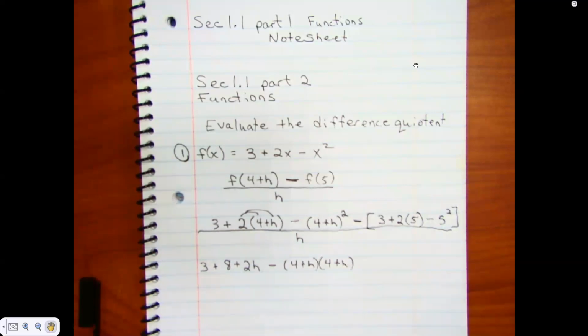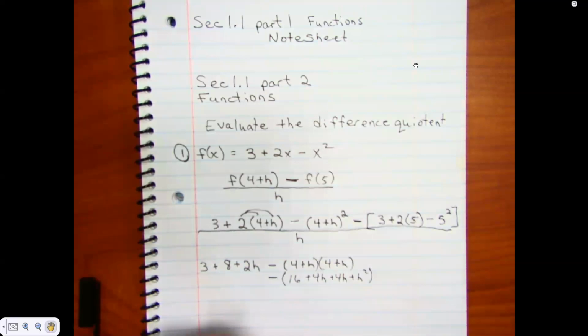So normally when you distribute, the parentheses go away. So we're going to do first, it's going to be 16, outer is going to give us 4h, inner gives us 4h, and last gives us h squared. But I still have parentheses around that because of the minus sign. So you still have parentheses around that because of that minus sign.